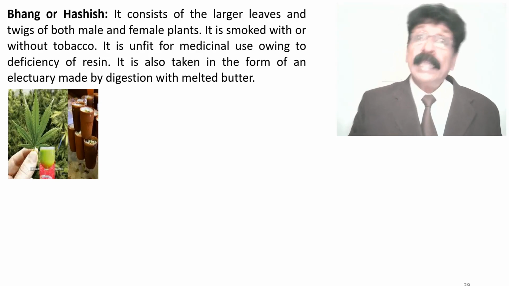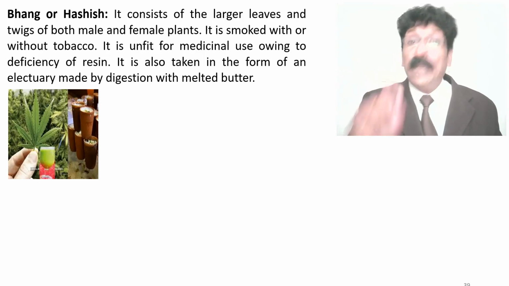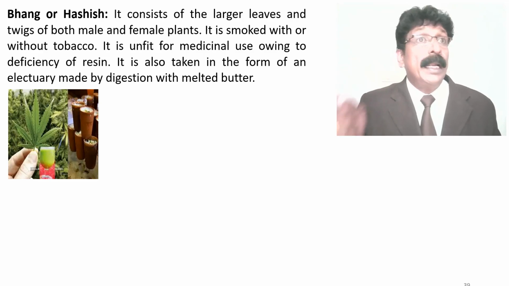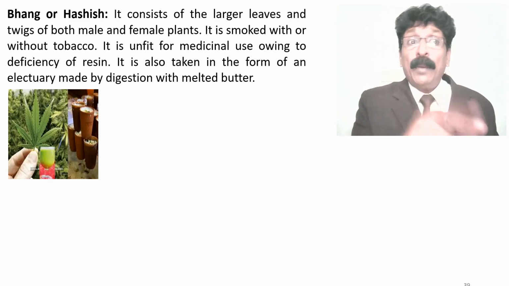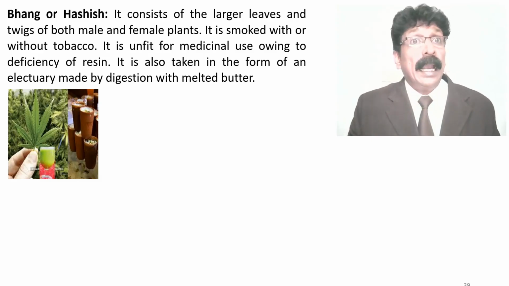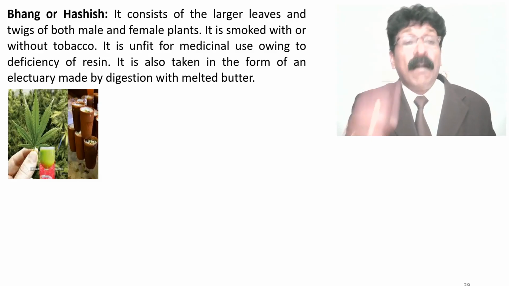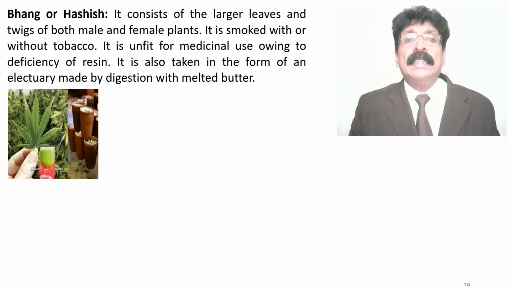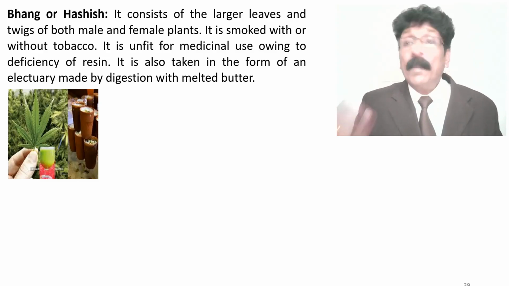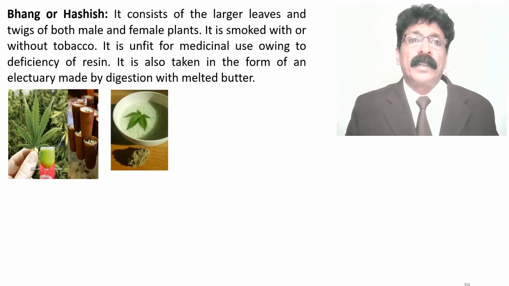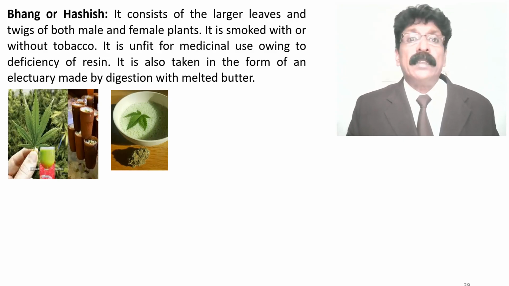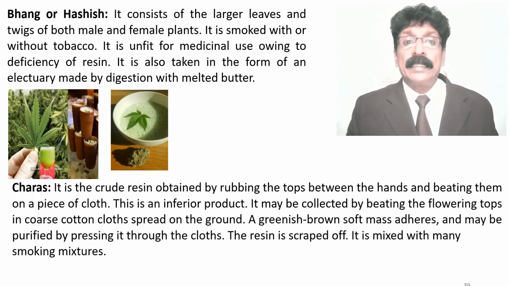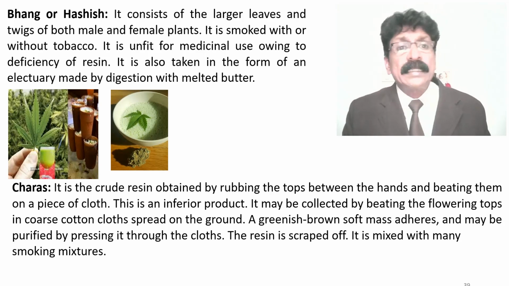It is unfit for medicinal use owing to deficiency of resin. It is also taken in the form of an electuary, or a drink made by digestion with melted butter. Like this, it is also taken as a drink.